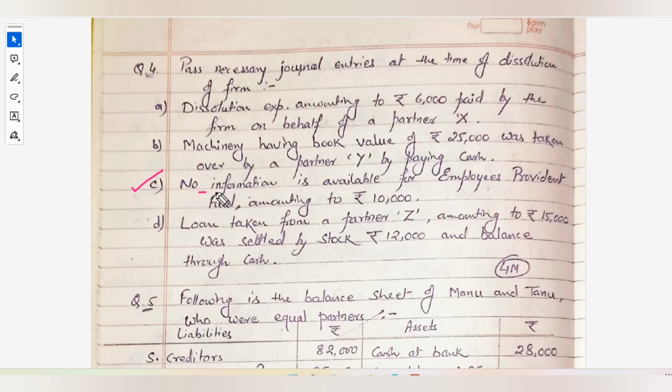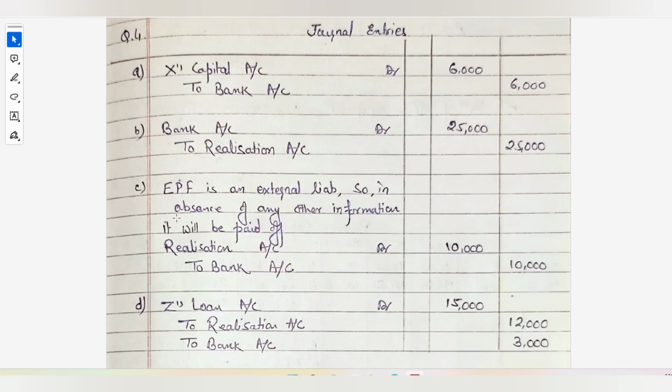So point number C, no information is available for employee provident fund amounting to rupees 10,000. It means that in the given balance sheet, employees provident fund is available, but in the additional information, no information, meaning how much amount has been paid or whether nothing is paid, is given in the question. So we have to assume.